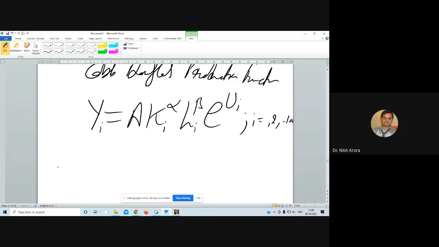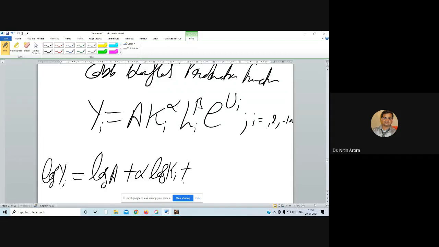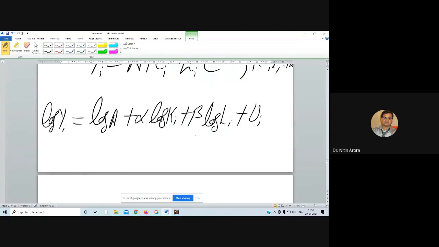So how to estimate? We take the log of both sides. Log y i is equal to log A plus alpha log K i plus beta log L i plus u i, because log e is 1. So this becomes a double log function.